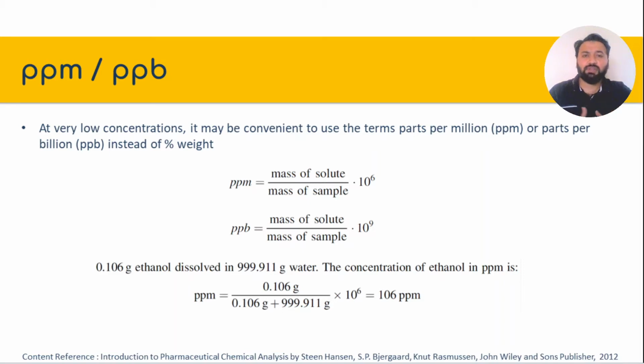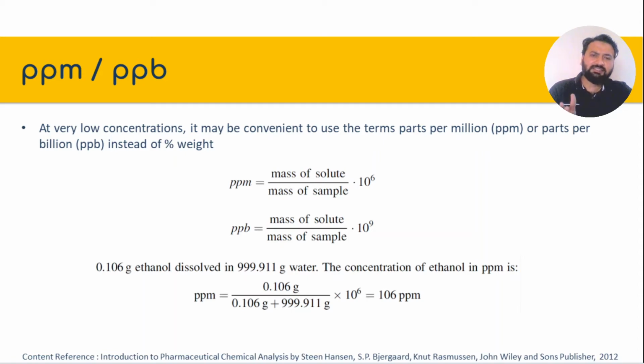However, when we are analyzing a drug in biological samples, the analyte concentration is normally very low. In those cases, we use the nanogram. We can also use nanogram per ml or molarity, but we generally use parts per million or parts per billion.